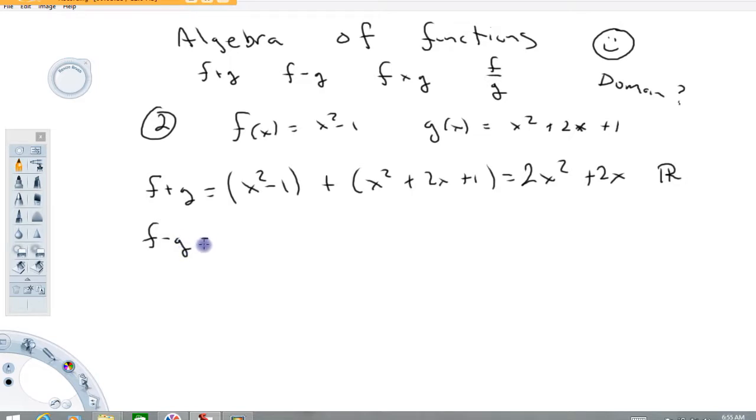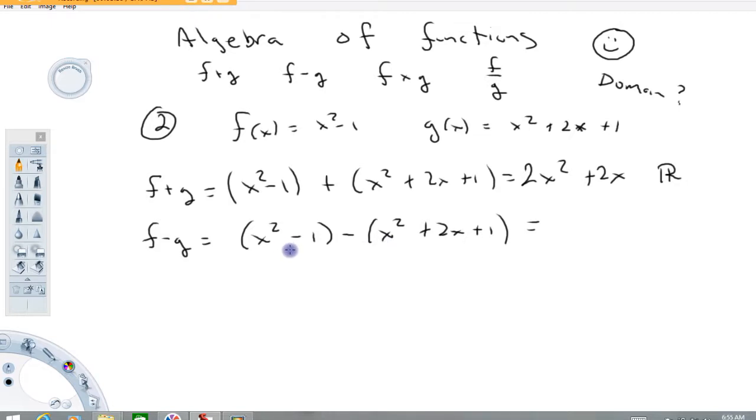f minus g, x squared minus 1 minus x squared plus 2x plus 1. This parenthesis here, not optional. Got to have that one so we get the correct signs here by the time we do the subtraction. So if we go ahead and do that, x squared minus x squared, that's 0, so I'm not going to bother even writing it.